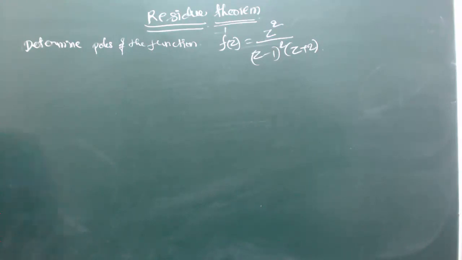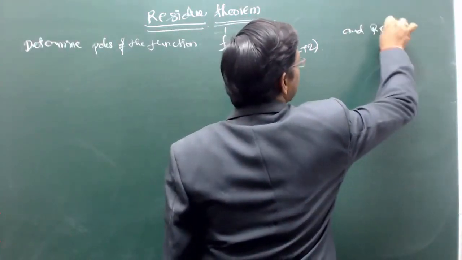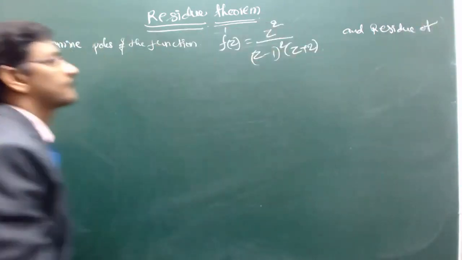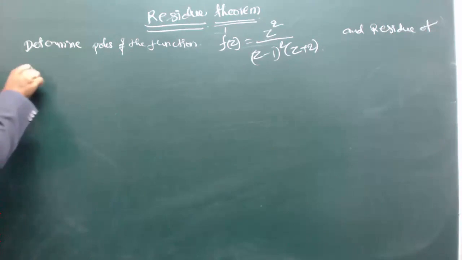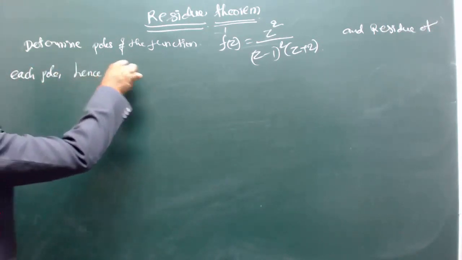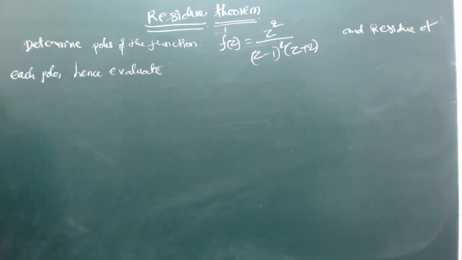Hence evaluate the integral of f of z dz, where C is the circle mod z is equal to 2.5.